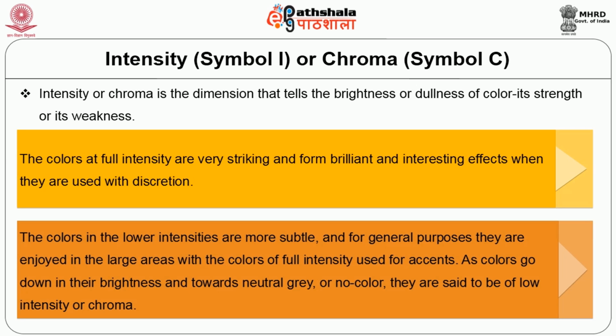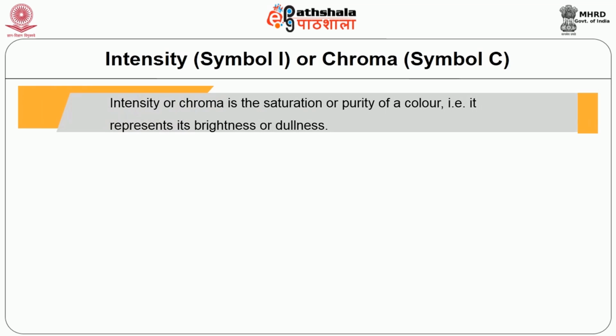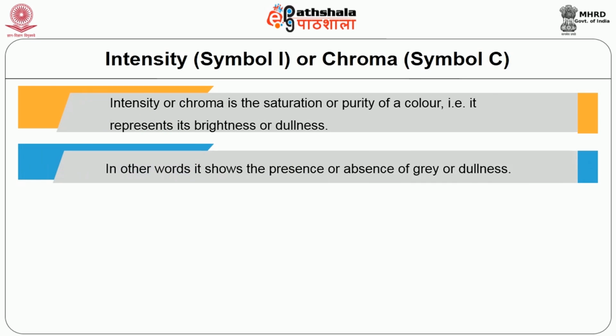As colors go down in brightness and towards neutral gray or no color, they are said to be of low intensity or chroma. Intensity or chroma is the saturation or purity of color, that is, it represents its brightness or dullness. In other words, it shows the presence or absence of gray or dullness.